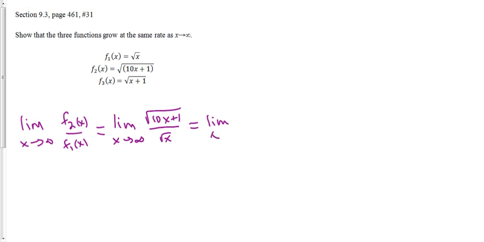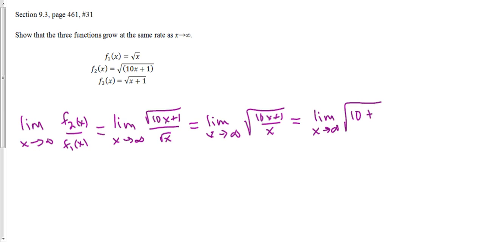I'm going to have the limit as x goes to infinity of the square root of 10x plus 1 over x. And then I'm going to break this up into two fractions. So I'm going to have the limit as x goes to infinity of the square root of 10, because x over x is going to cancel and give me 1, plus 1 over x.